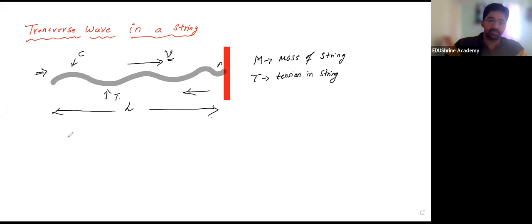Therefore mass per unit length, which we also call linear density, is M divided by L. The linear density, we use the symbol mu. So it is mass per unit length. We call it the linear density.